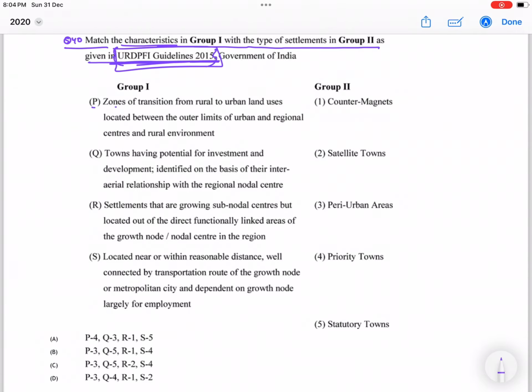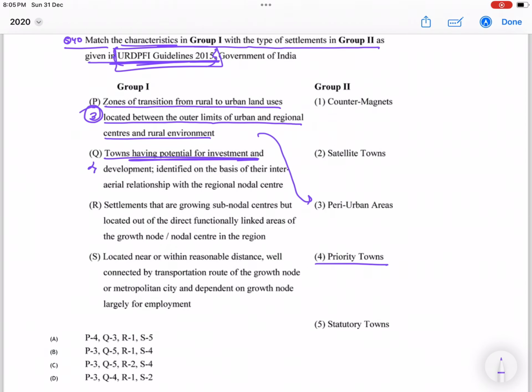Now first is P, zone of transition from rural to urban land uses located between the outer limit of the urban and regional center and rural environment. These are known as peri-urban areas. Now town having potential for investment. By this only we know that this is a priority town, identified on the basis of their interrelationship with the regional center.